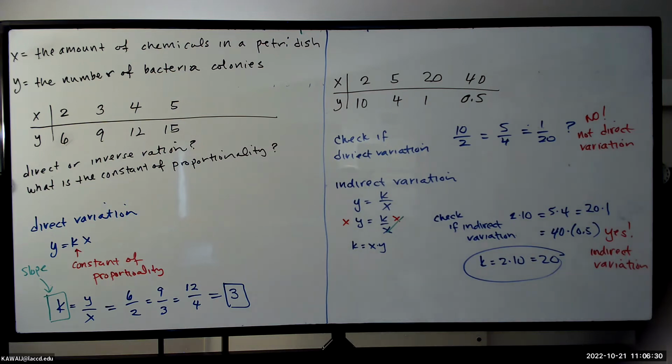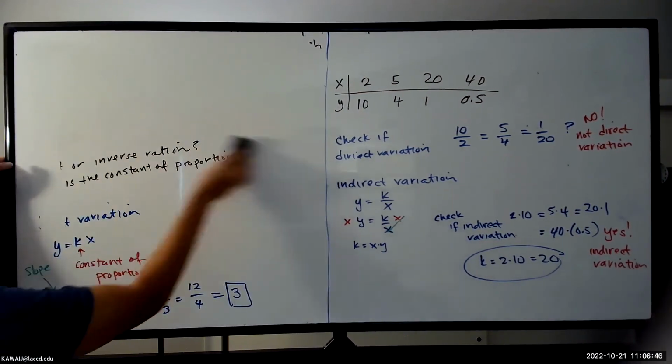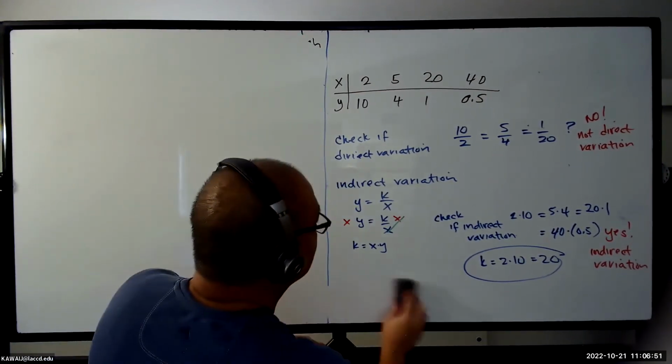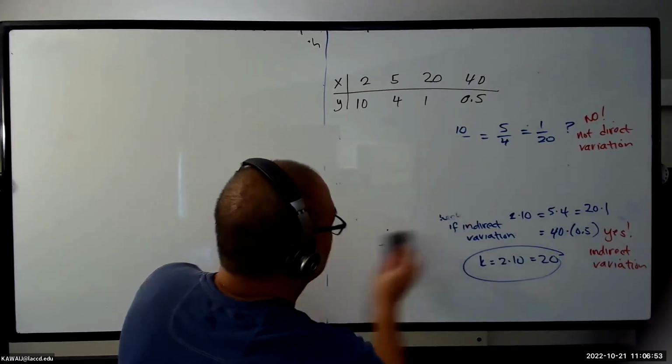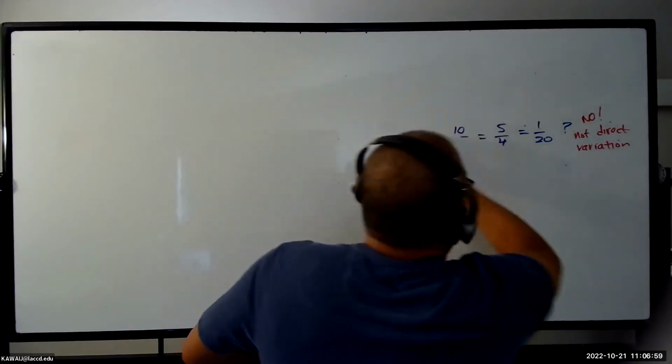Okay, so let me erase all this and then give you two tables, and you tell me whether they're direct or inverse and what the constant of proportionality is. Let's see. Oh, good. I did take a picture.